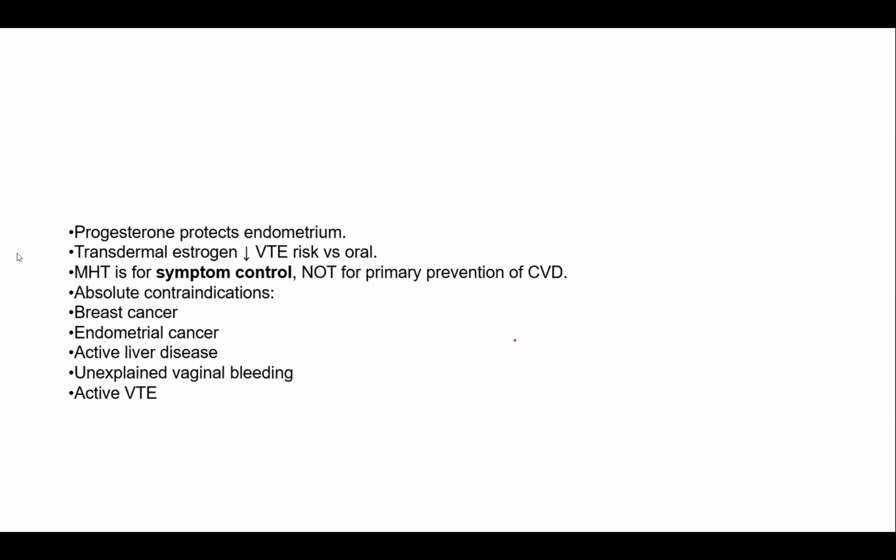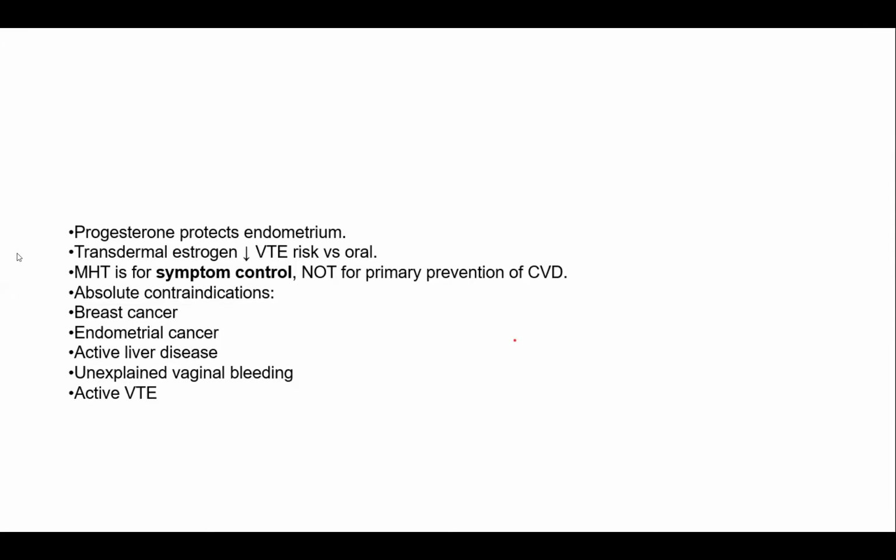If you take oral estrogen, it will go to the liver, it will be metabolized and it will enter the whole system and can cause thromboembolism. Transdermal will avoid the first pass metabolism in the liver and lessens the chance of venous thromboembolism.